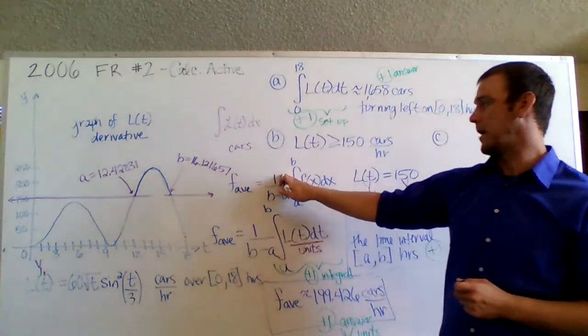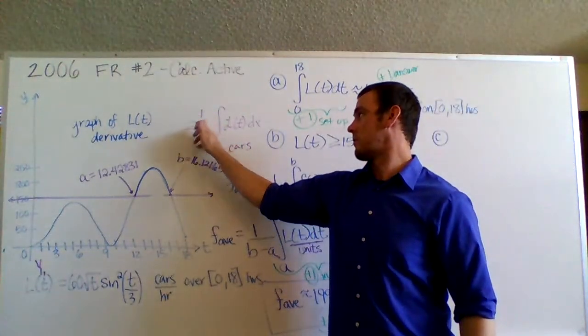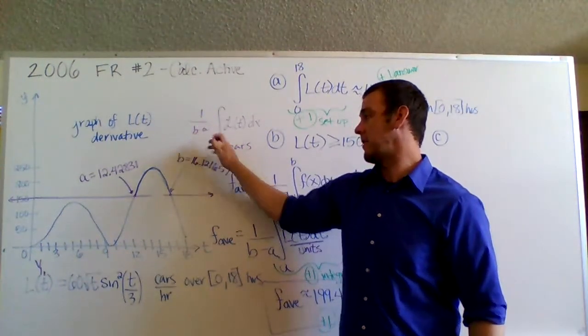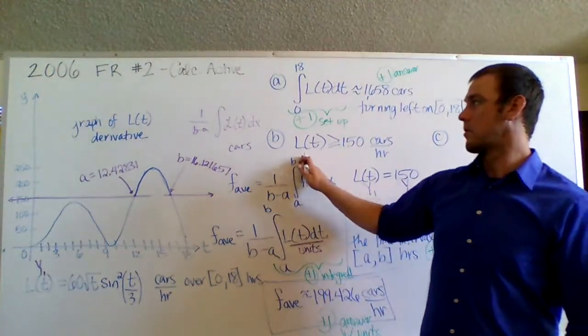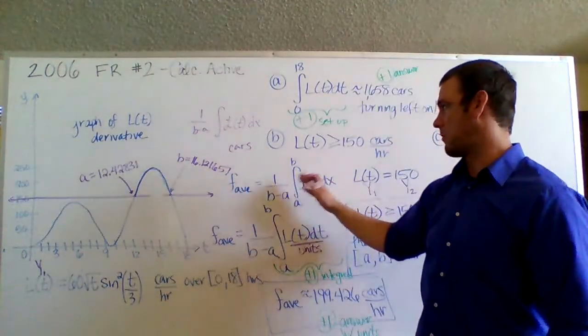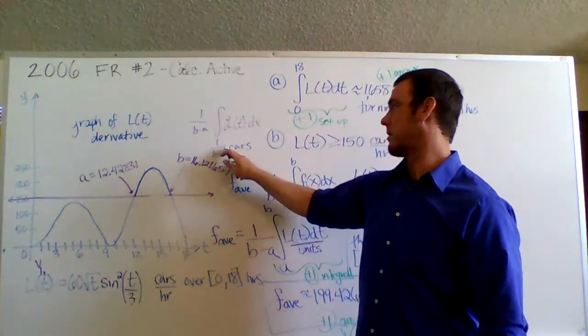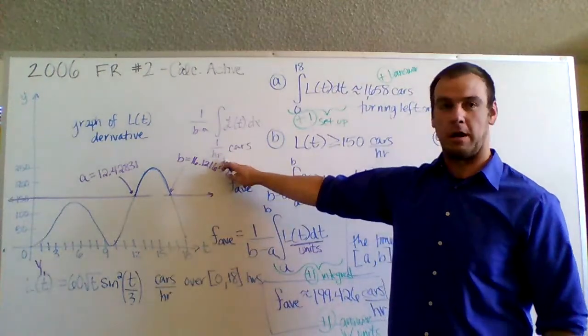But now we have this out in front, which is 1 over b minus a. b minus a, these are times. So we're really multiplying by 1 over time, which in this one is 1 over hours. So now we have 1 over hours times cars, which is cars per hour.